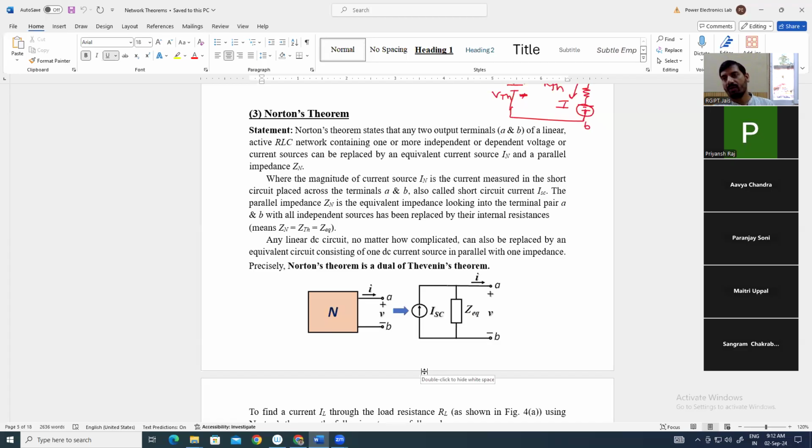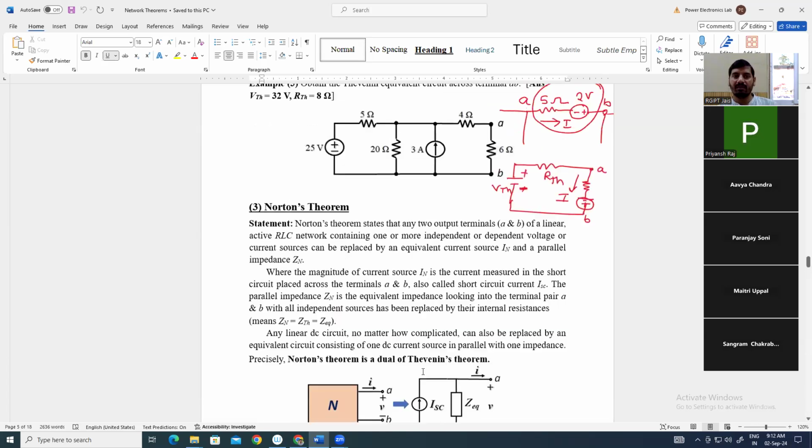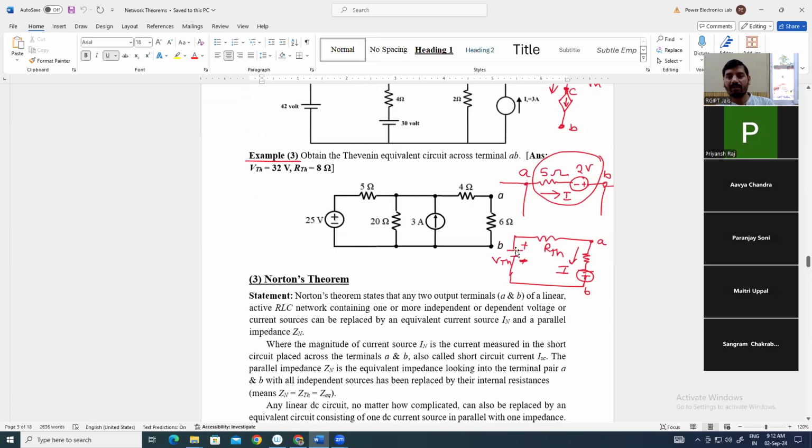If you apply the source conversion principle here, you know that the voltage source can be converted into a current source, and the condition is that together with the voltage source there must be a series resistance, and that you are achieving in Thevenin's theorem.